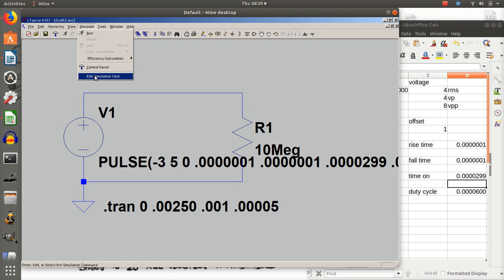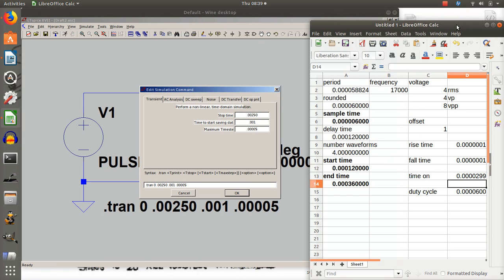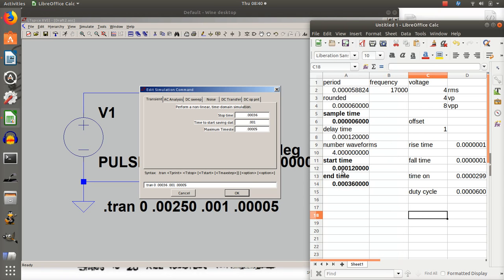So I'm going to go in and edit my simulation command. Well, we figured start time, stop time. See, that's actually the easy part. My stop time is 3 zeros, 3, 6. 1, 2, 3, 3, 6. My time to start saving data was 3 zeros, 1, 2.